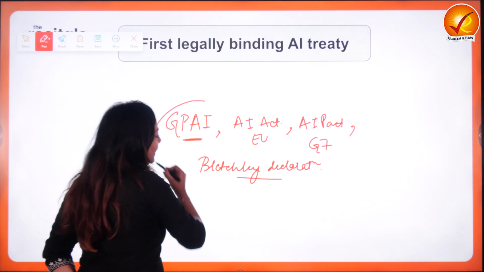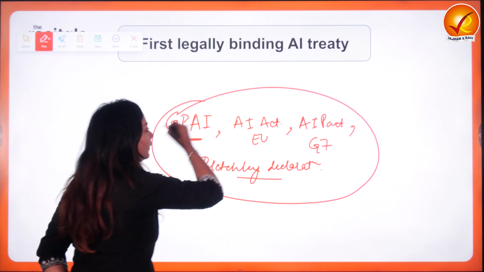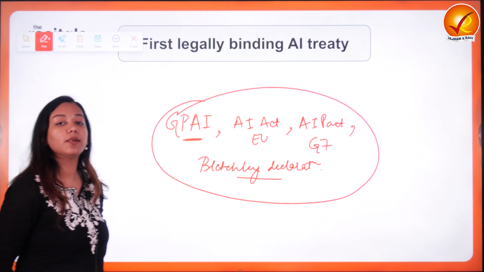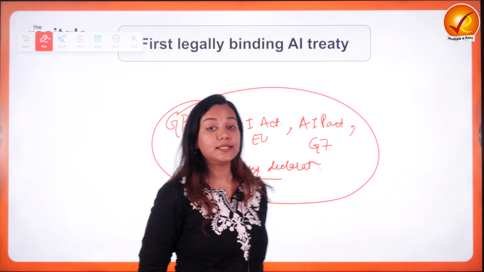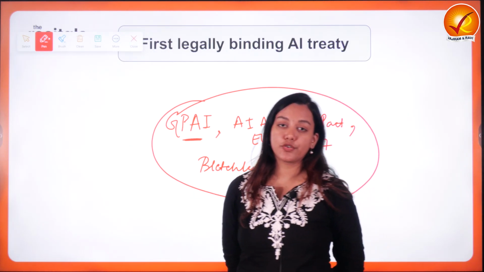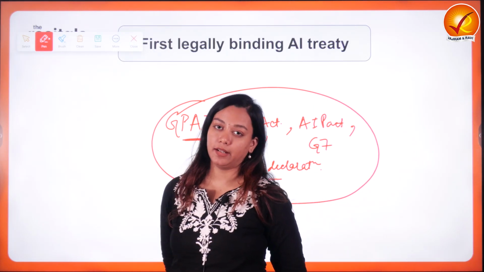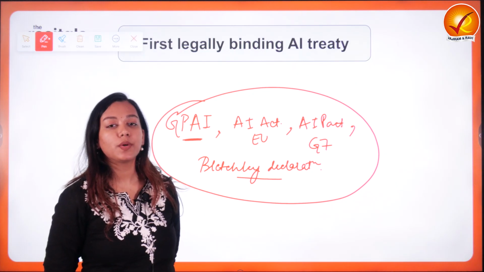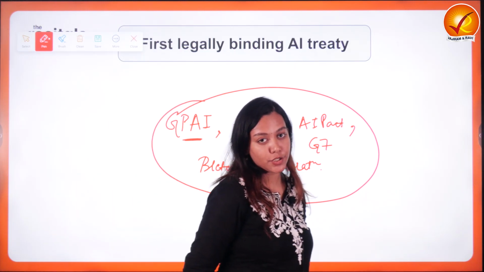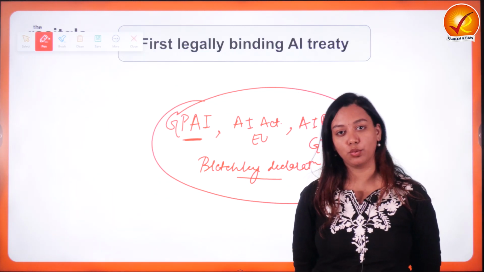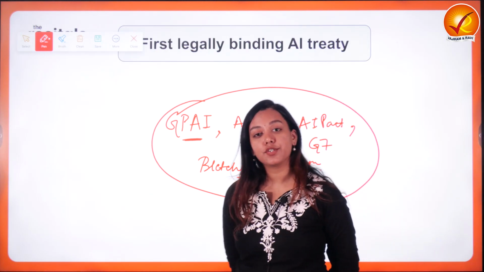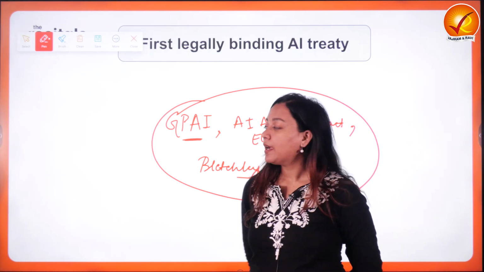What is the similarity between all of them? Similarity is this: not only are they working to bring a consensus on AI guidelines, but also all of them are not legally binding. So what is the need of the hour is to create something which is legally binding in nature, which could bring more substance into our provisions of using an ethical AI, right?